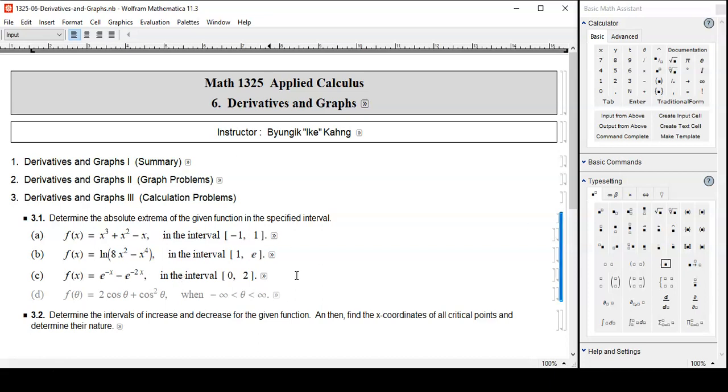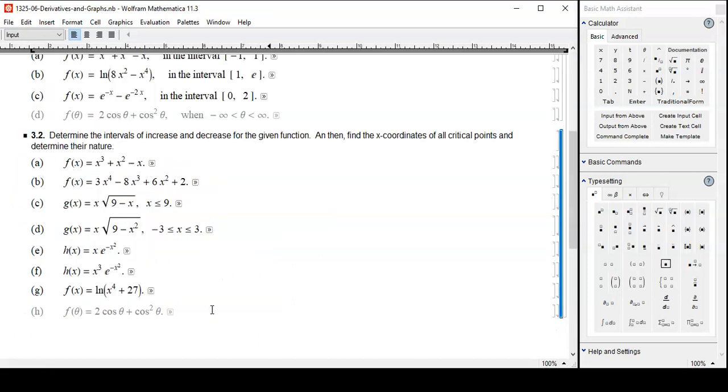First, absolute extrema. That is absolute maximum versus absolute minimum, given closed interval, and don't pay attention to the trigonometry part. Next, local extrema, local maximum, local minimum.